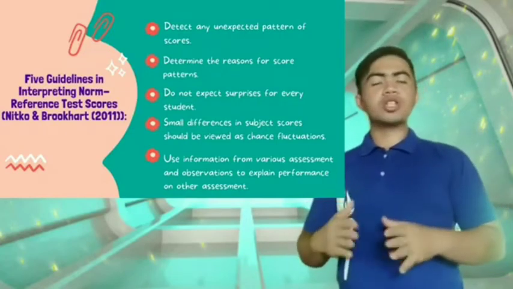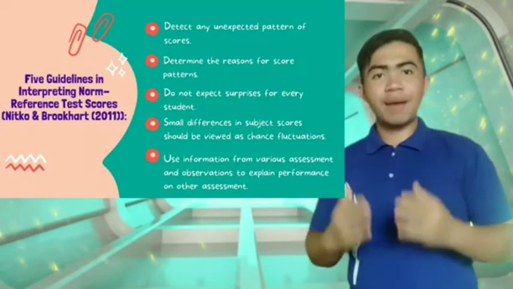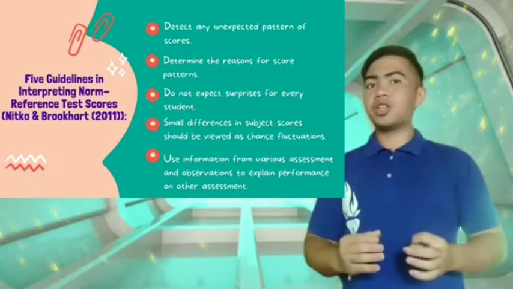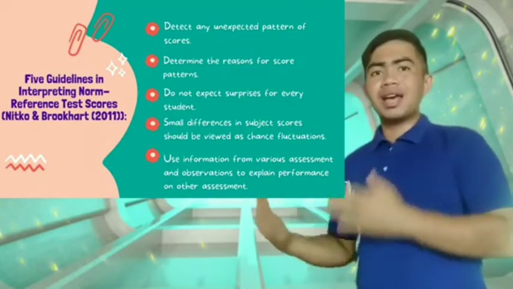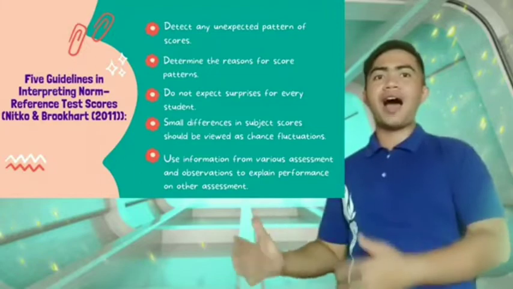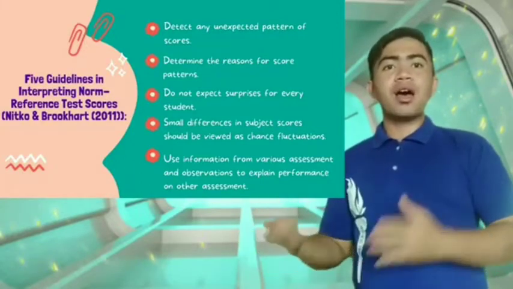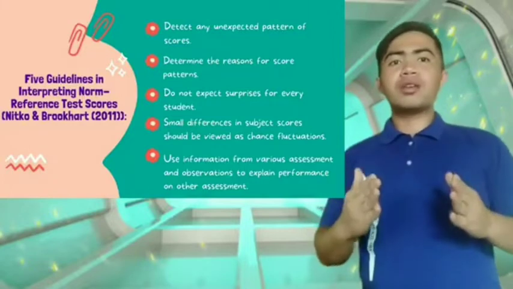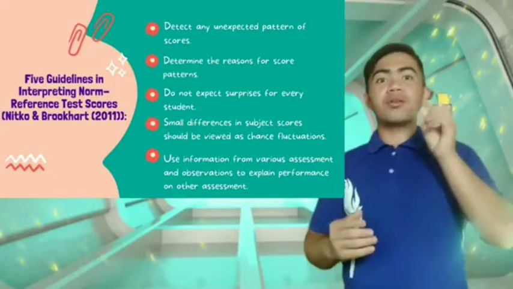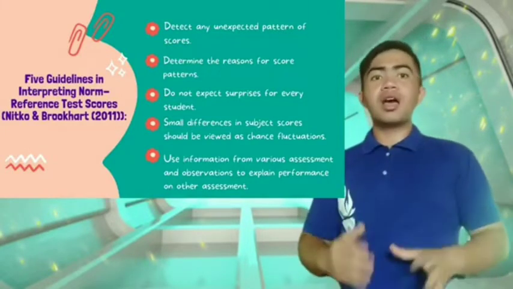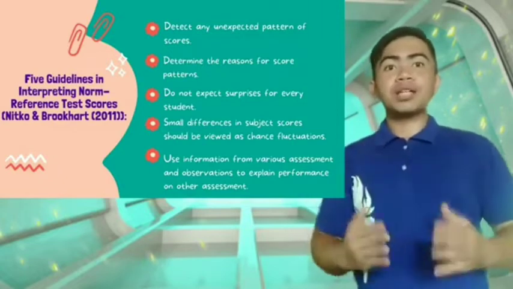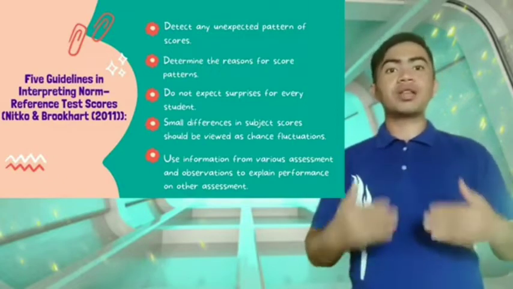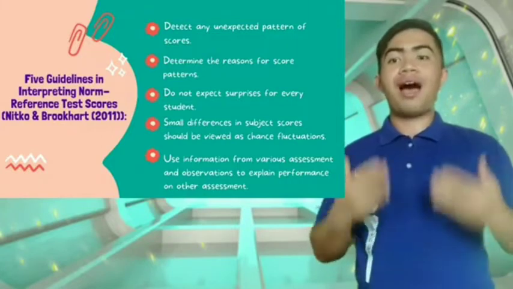Number 4, small differences in subject scores should be viewed as chance fluctuations. The different test scores may not be subject to any intervention. For example, these test scores have greater differences compared to others which have lower. But still, our intervention depends on whether we really meet the objectives we targeted on a particular assessment or the topic that we assessed.